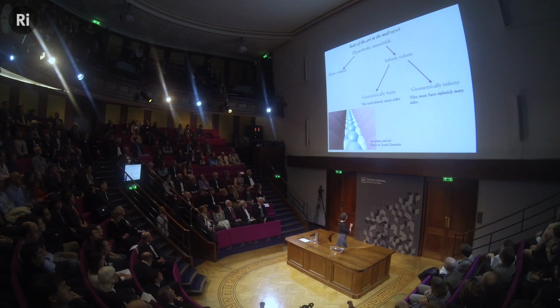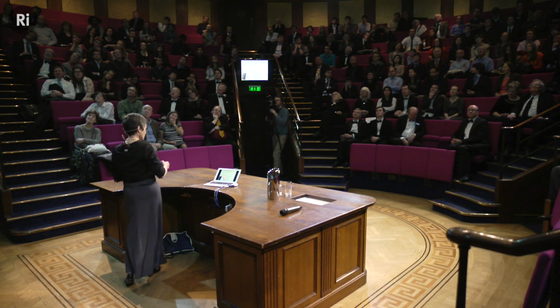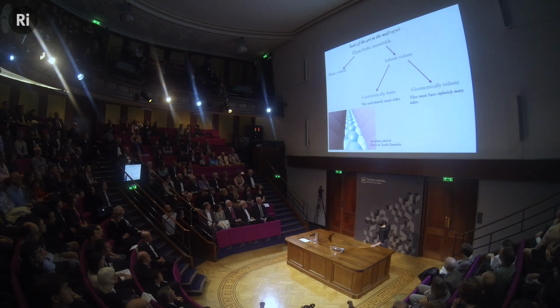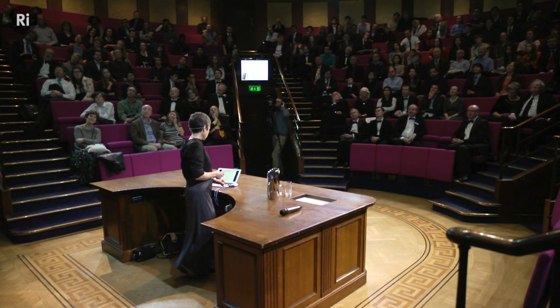So there's a tile with an infinite number of sides, and we're sitting inside a tile. It actually only takes two transformations. You wouldn't quite believe it, but because of spiraling that you don't really see, it actually only takes two isometries to glue up all of this stuff and make some complicated manifolds.